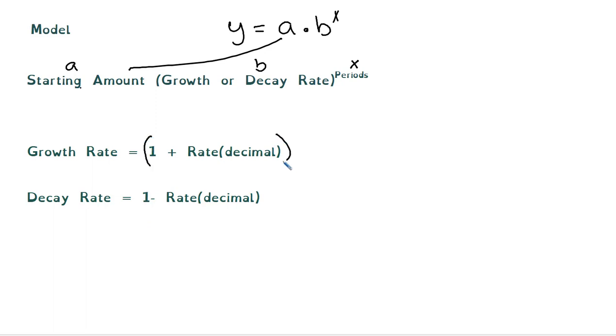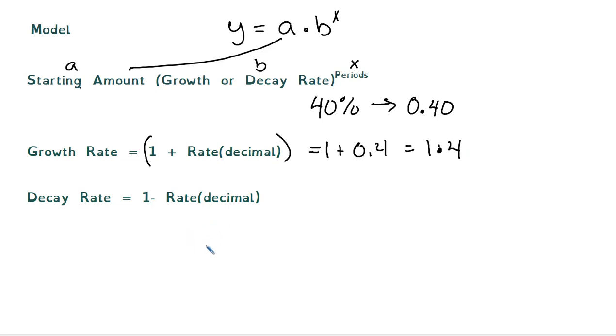To find your growth and decay rate, like let's say I had a growth of 40%, I would first need to convert that over into a decimal. And then my growth rate will be 1 plus 0.4, so 1.4 is my growth rate.